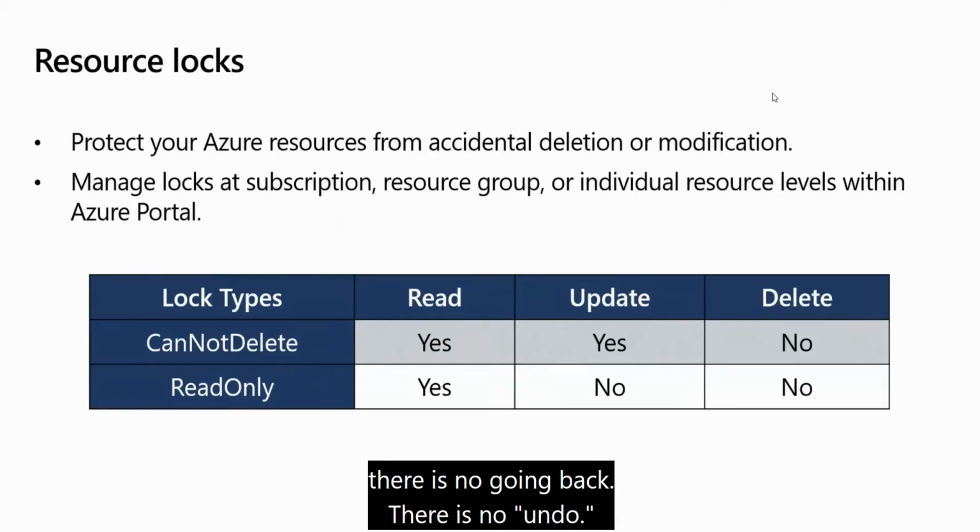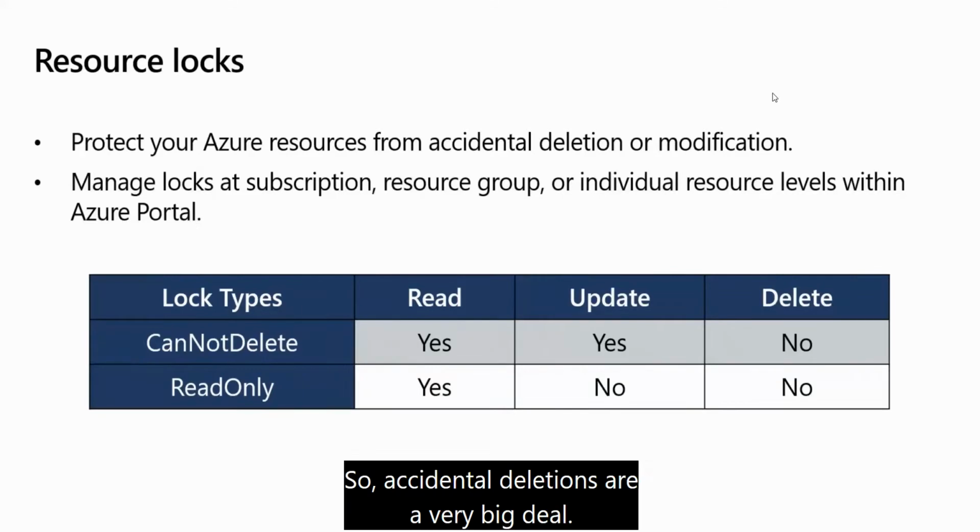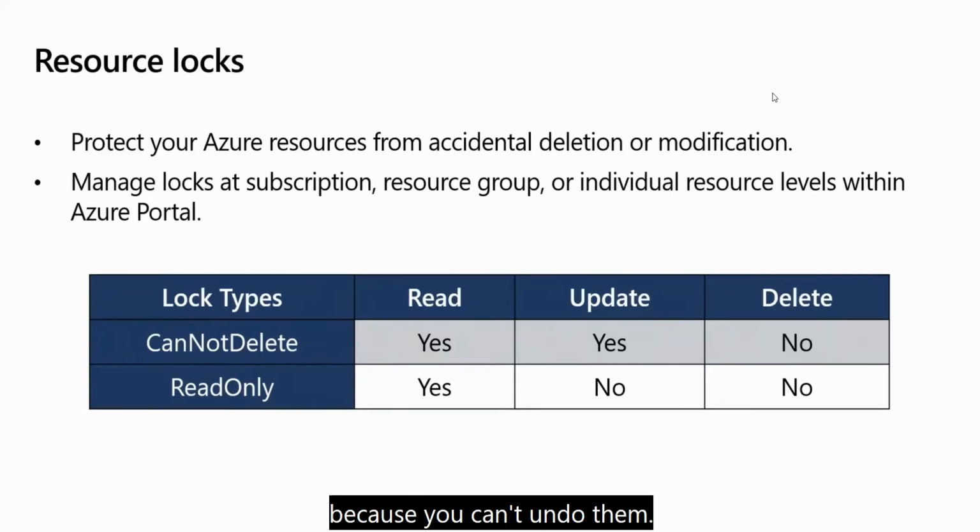There is no undo. There is no recycle bin. You cannot get it back. So accidental deletions or accidental modifications are a very big deal because you can't undo them. So how do you protect your resources?